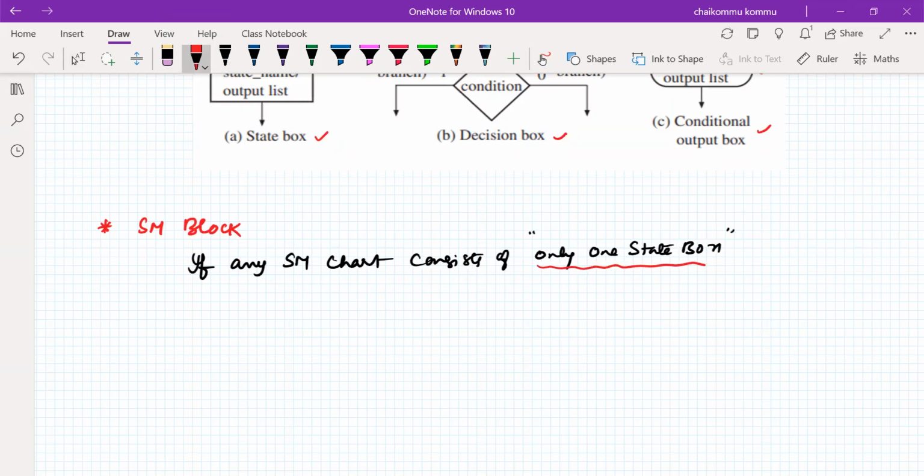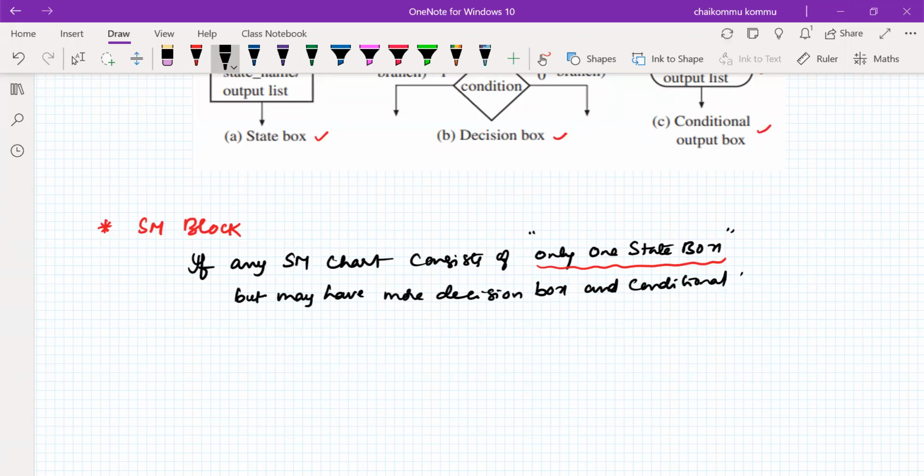So only one state box, but it may have more decision boxes and conditional outputs related to that state box.